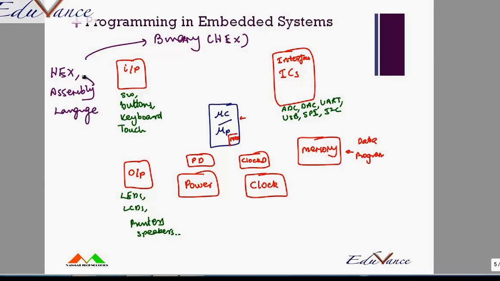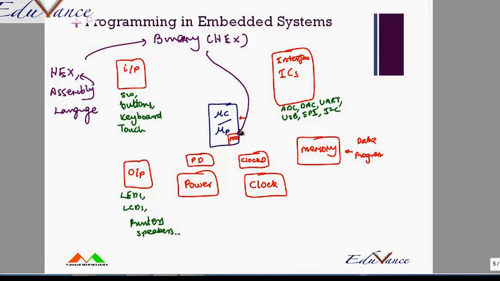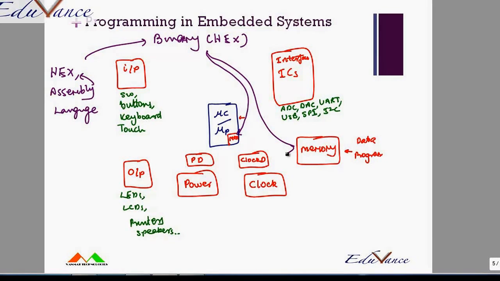So your assembly converts to hex. Hex is basically binary, and then I put this program either onto the memory on the chip of the microcontroller or the memory of the system. Okay. So that was the most basic style.